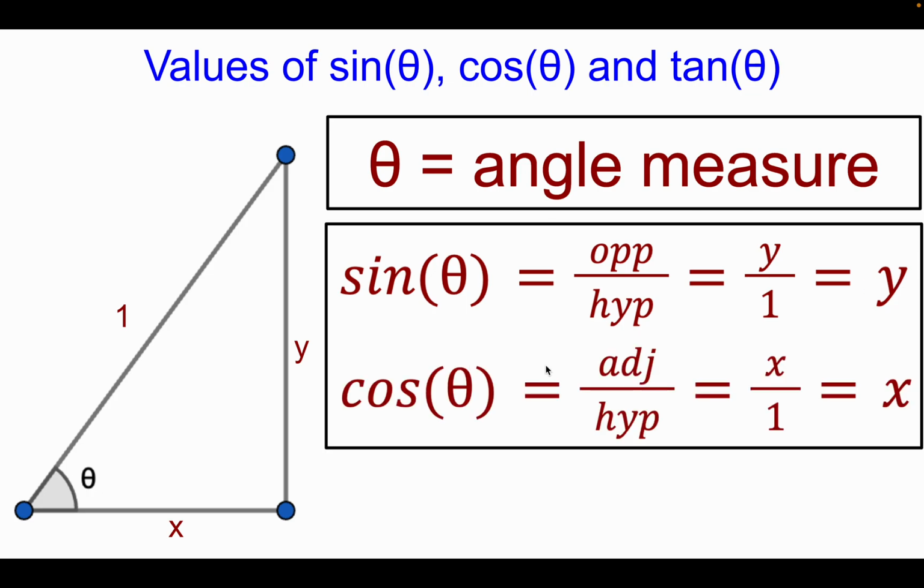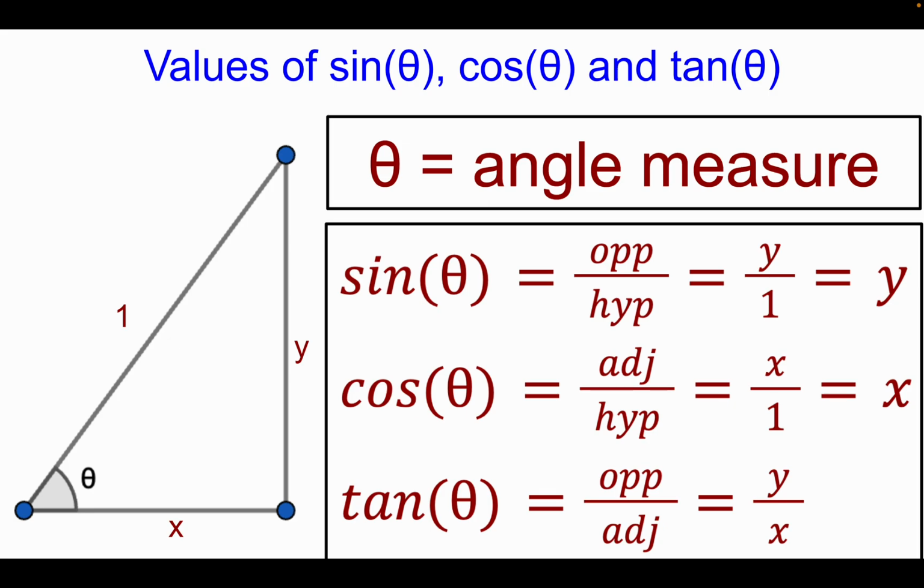Similarly, since cosine is the adjacent, which is x, over the hypotenuse, which is again 1, and x divided by 1 equals x, the cosine of any angle will tell you the x coordinate of that point. And then finally, tangent is the opposite over the adjacent, so that's y over x.